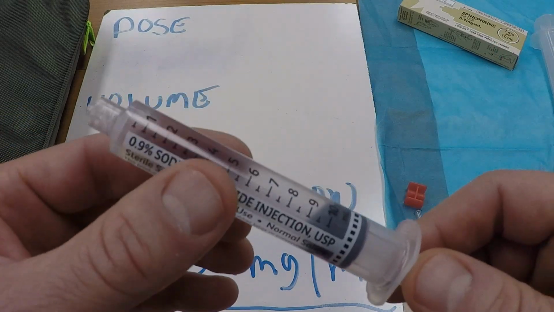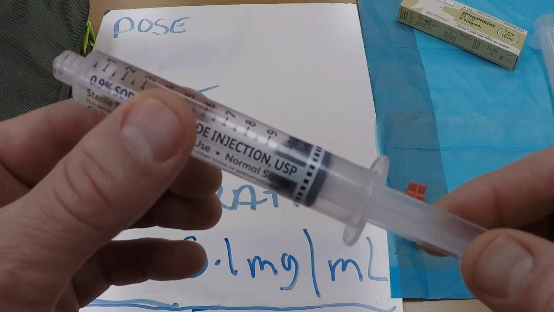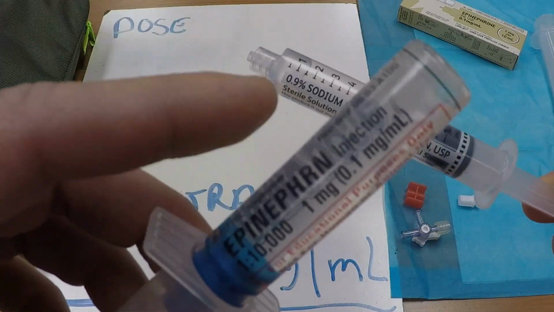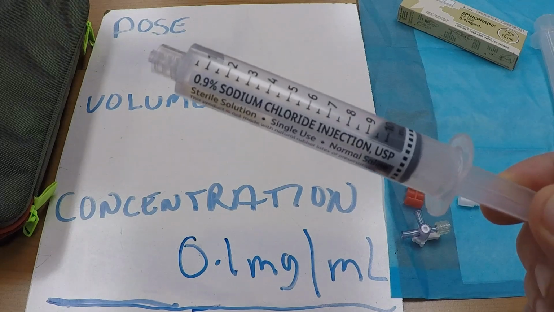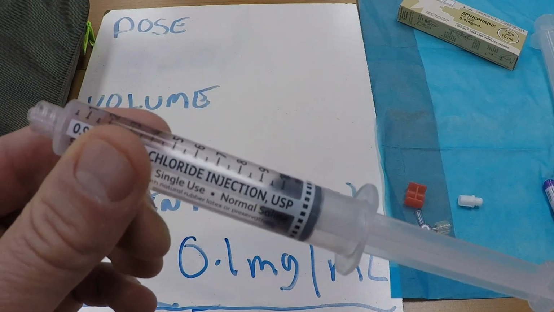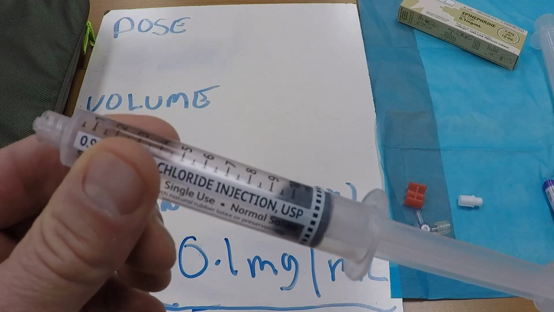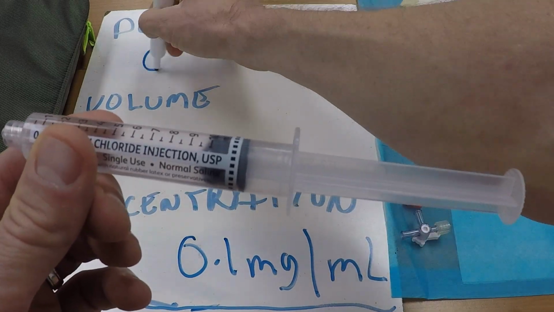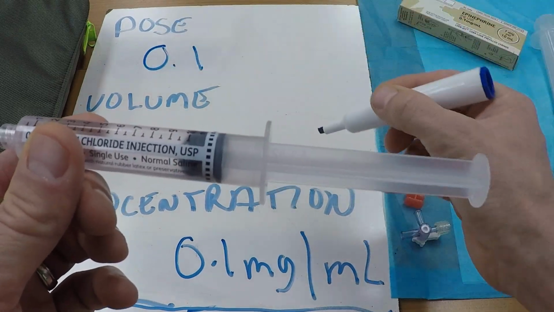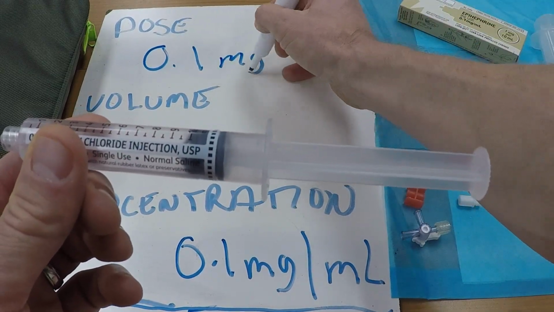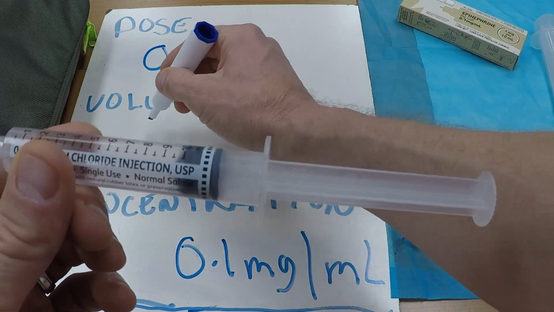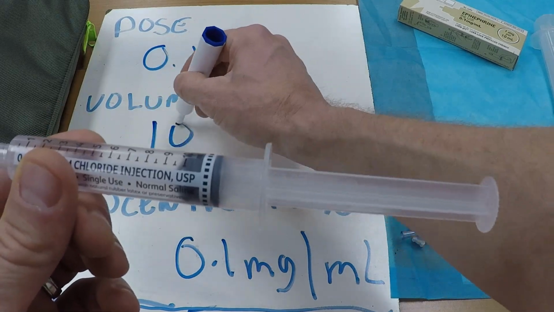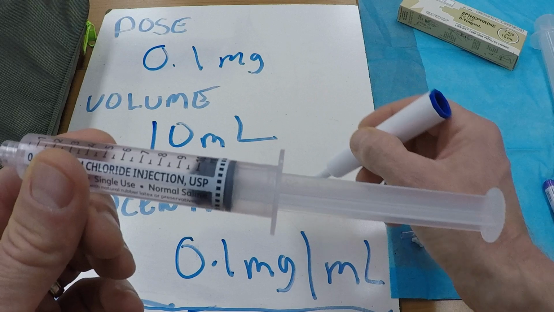now in this flush we should label, or tape the empty vial to it, so that we know that we now have 0.1 milligrams, and our volume is 10 milliliters.